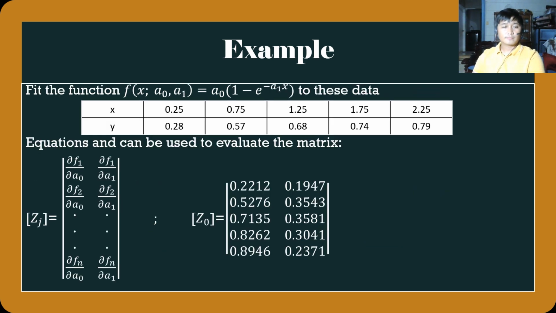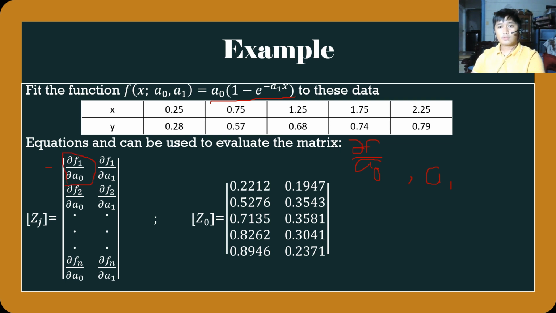Okay, so this is the Z of J. Again, this is the formula: the partial derivative of f sub 1 with respect to a sub 0. Earlier we differentiated this with respect to a sub 0 and with respect to a sub 1, so those partial derivatives will be used here.